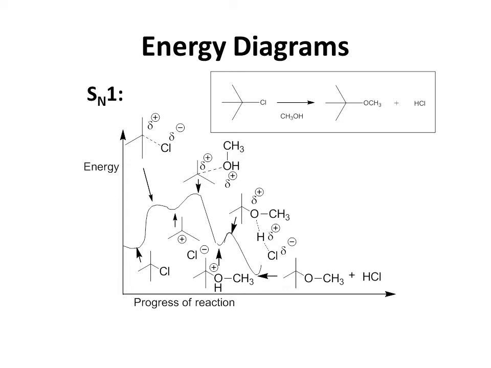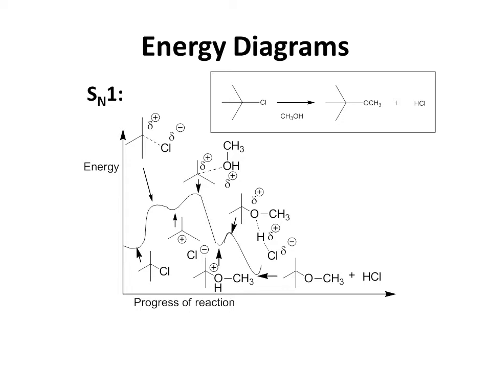Now we slide down that hill to an intermediate product, which is about as stable as the starting material, and this is the protonated product. Now another small hill, another fast step for the deprotonation step. So you show a partial positive charge on oxygen, partial positive charge on hydrogen, and a dotted line between the O and the H because that bond is being broken.